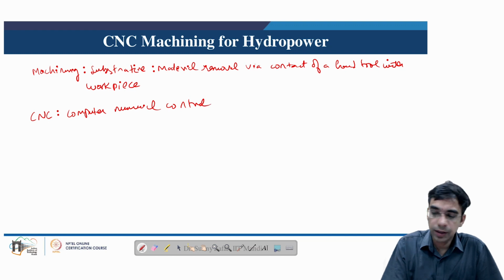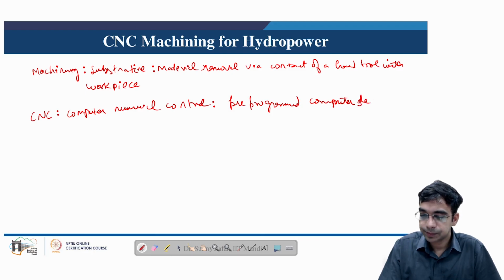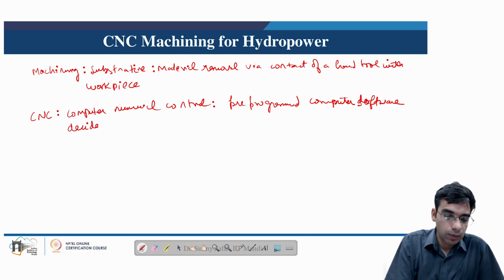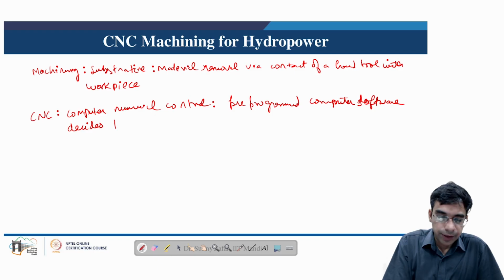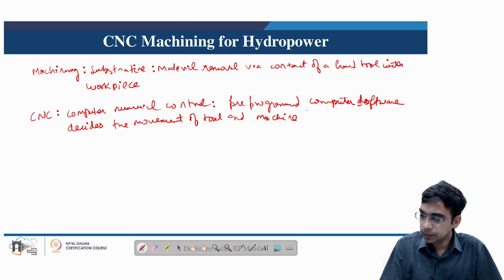So in computer numerical control, it is basically a manufacturing process in which pre-programmed computer software decides the movement of tool and machine, that is the machine tool.